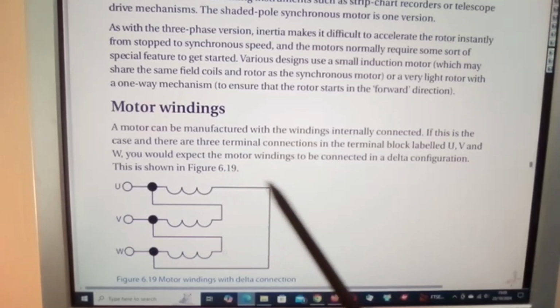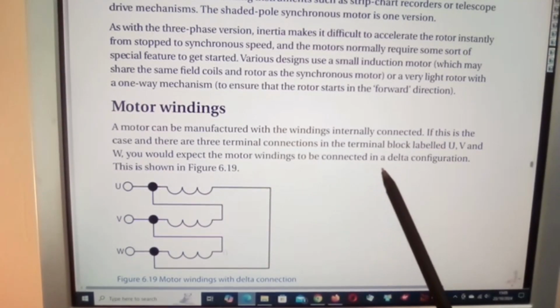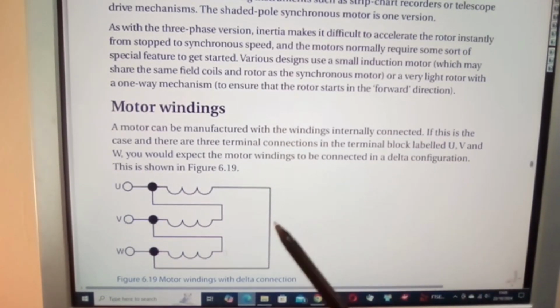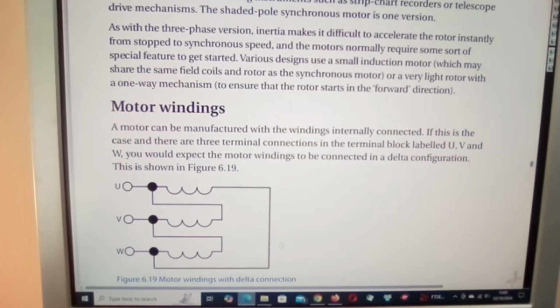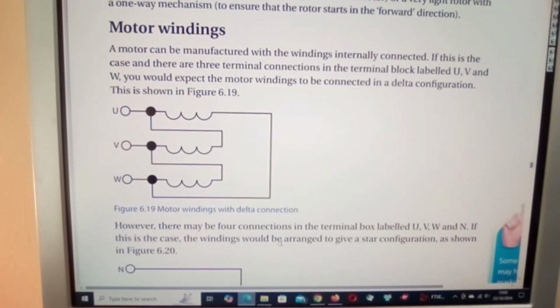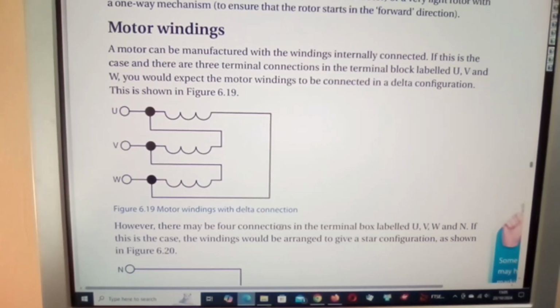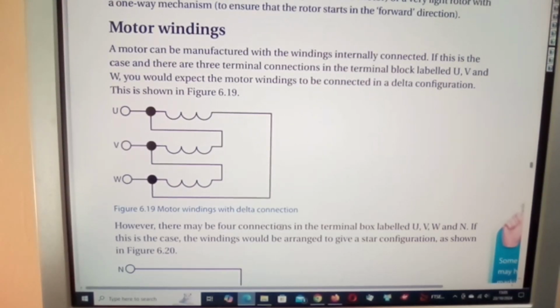You expect the motor winding to be connected in a delta configuration. This is shown in figure 6.19. So why was I talking about star connection?